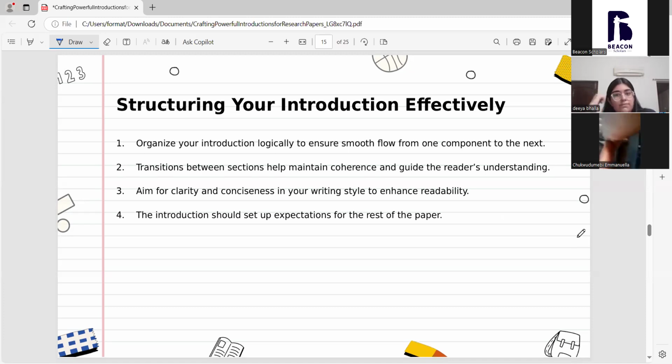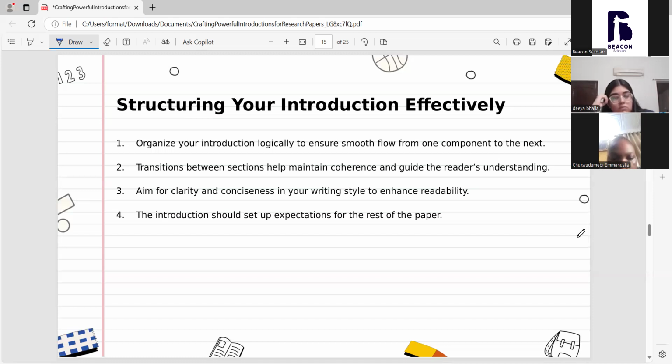So you will not write them one under each other. You should make transitions between all of them to ensure smooth flow from one element to the next, and also transitions between sections help maintain coherence and guide the reader's understanding.